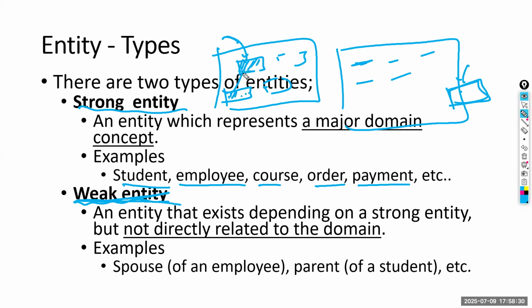So we must know who the spouse is, because otherwise how can we track whether this is actually his or her spouse's medical claim? We need the details in our system so that we can verify this is a valid health insurance claim. That is the only reason we keep it, not because the spouse is part of our organization. So the spouse of the employee is a weak entity.